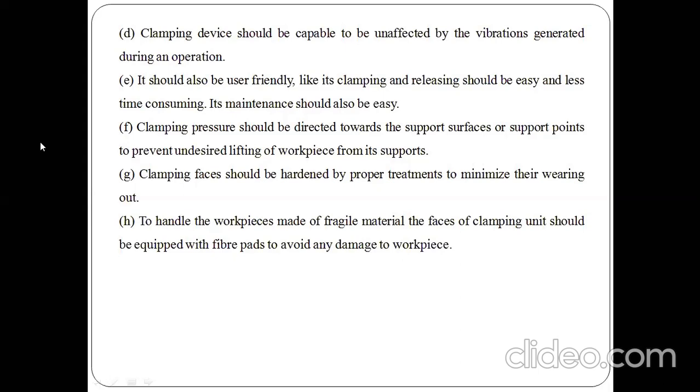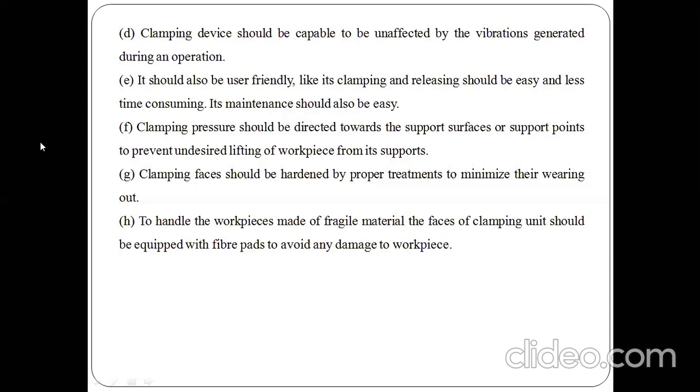It should also be user friendly, like clamping and releasing should be easy. It should not take a larger time for clamping and releasing of your workpiece over the fixture. So it should be user friendly. Maintenance should be easy. These are the main points of clamping devices while selecting the clamping element, because we have to design jig and fixture.